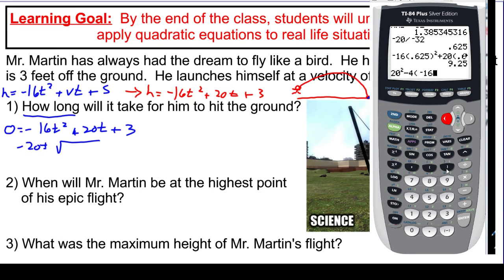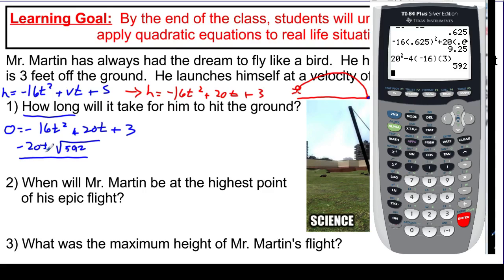Oh, got to close the parentheses. Okay, so there's b squared minus 4ac, which means underneath my radical I want 592. And it's all over 2a. Well, a for us is negative 16, so 2 times negative 16 will be negative 32. So my t, my time, is equal to this setup, which I need to simplify.